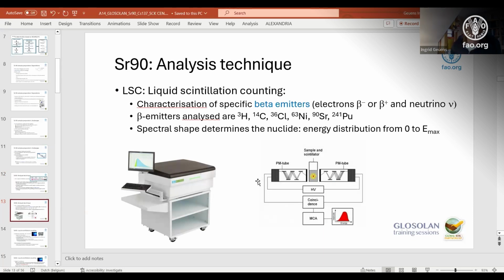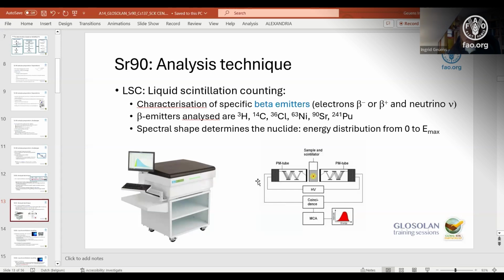Examples of beta emitters that can be analyzed in this way are tritium, carbon-14, chlorine-36, nickel-63, strontium-90, and plutonium-241. There are others, but these are the ones that most of the time are analyzed with beta emission, because for a lot of other nuclides that also give beta emission, there are other ways to characterize in an easier way.